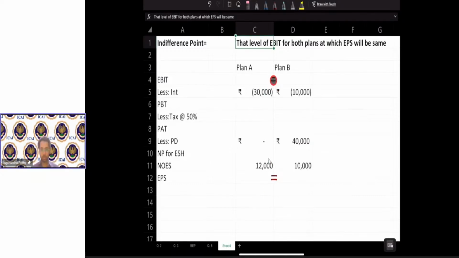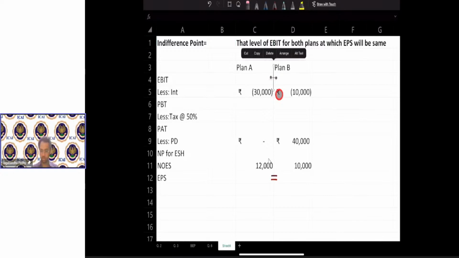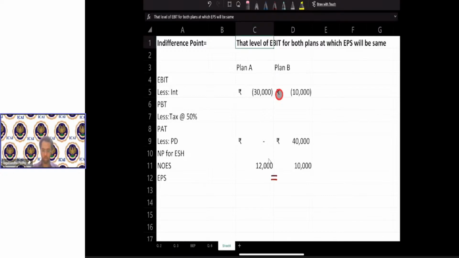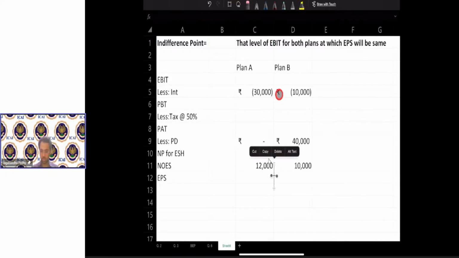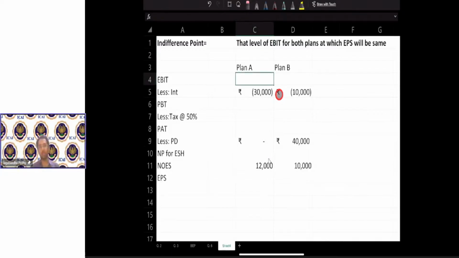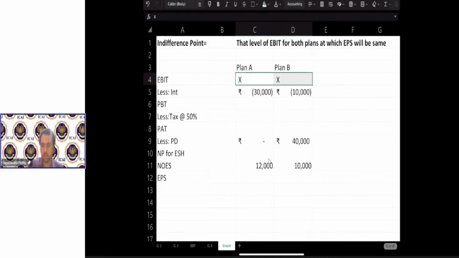You have to calculate some level of EBIT at which both plans are going to give us the same level of EPS. So let's say EBIT is X for both the plans.